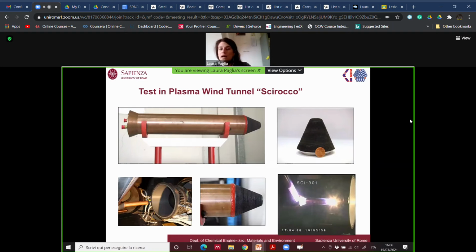But now, during the last part of this lesson, we will see together some examples of experiments in a plasma wind tunnel facility, which were carried out by our research team.